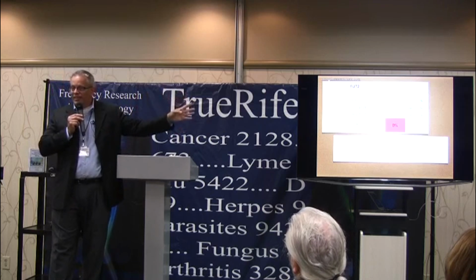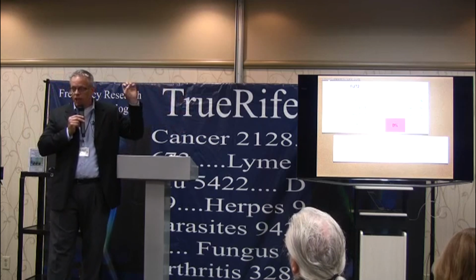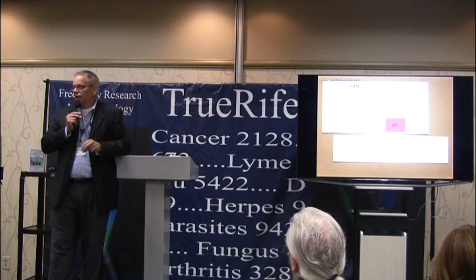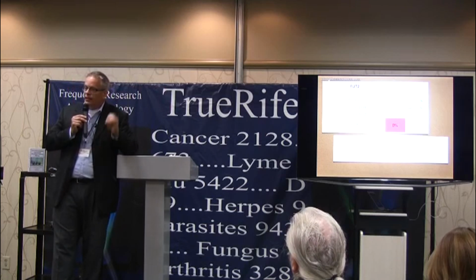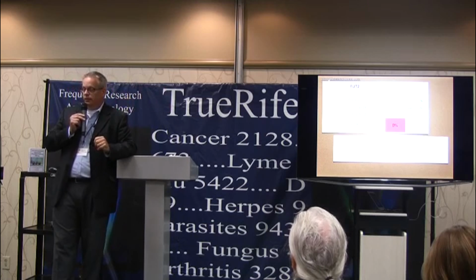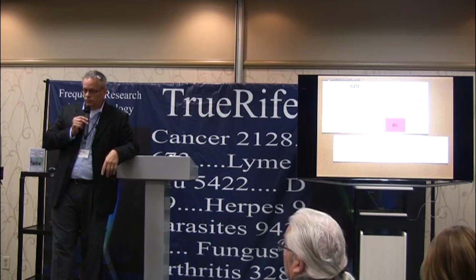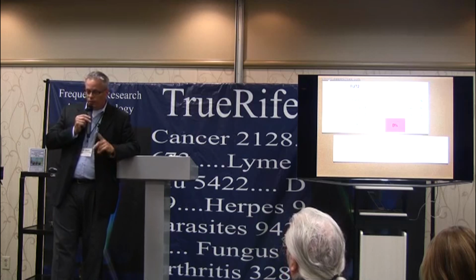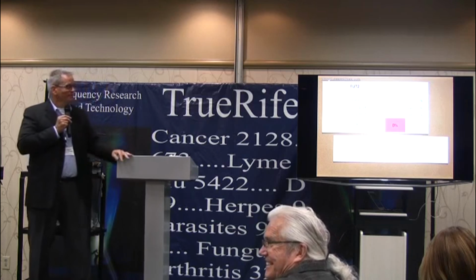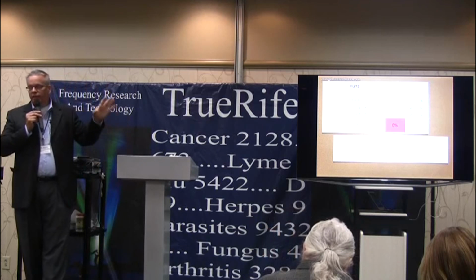So the people that we see with FUT2 gene defects have a very difficult time with chronic health conditions, because they have a very difficult time keeping a healthy microbiota. Yes? So what do you suggest? So what do we suggest? You're getting ahead of us. So this is very important.